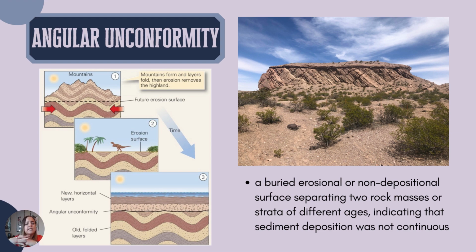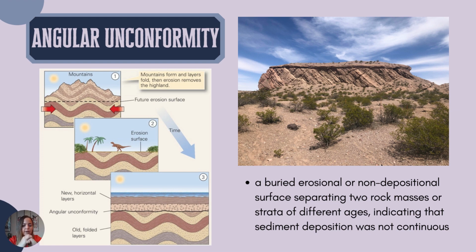Okay, and then the last one is an angular unconformity. This occurs when rocks have been tilted or folded or squished in some manner, and then eventually all of those erode from the top as well. Then you have the erosional surface created, and those rocks are overlain by more sedimentary layers.